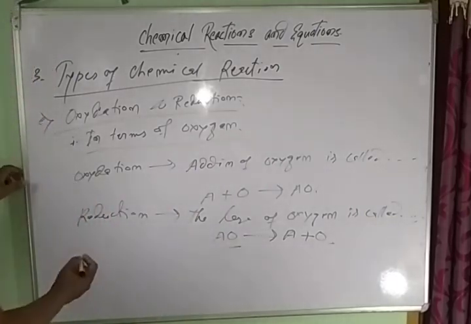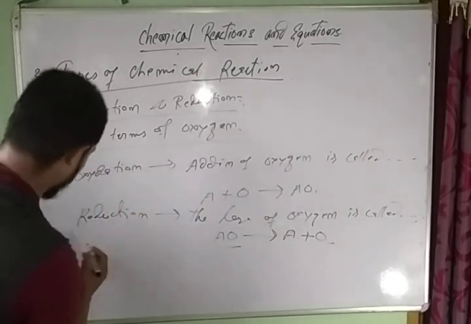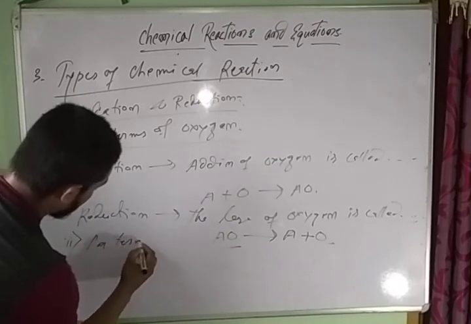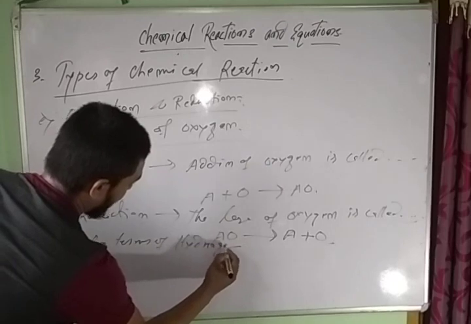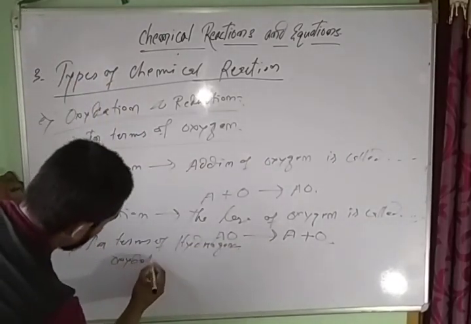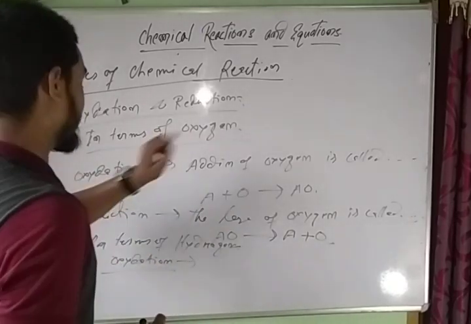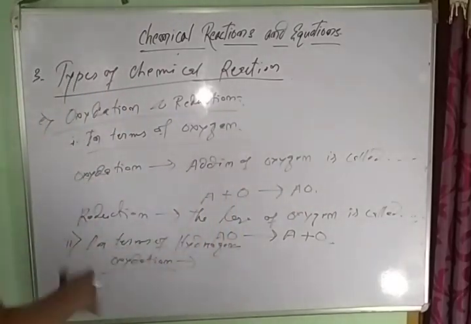Now, if we define in terms of hydrogen, this is quite opposite to this. In terms of oxygen, the addition of oxygen is called oxidation, but in terms of hydrogen, this is opposite.